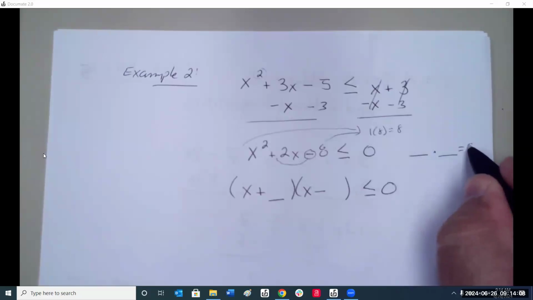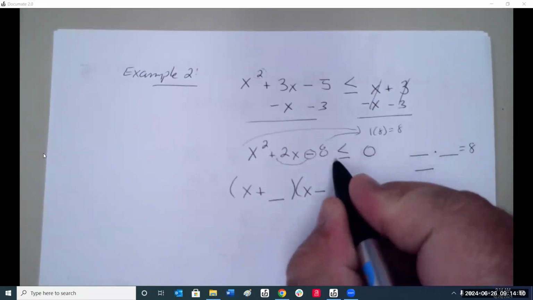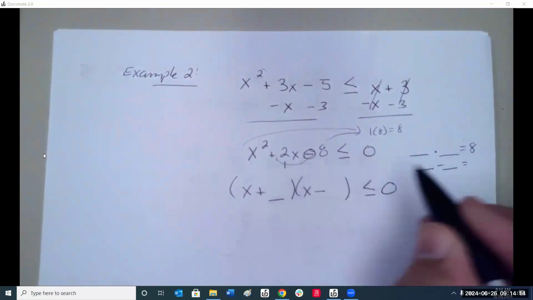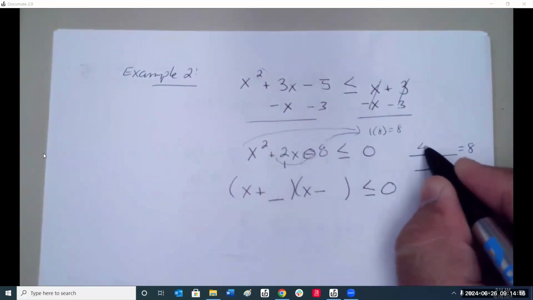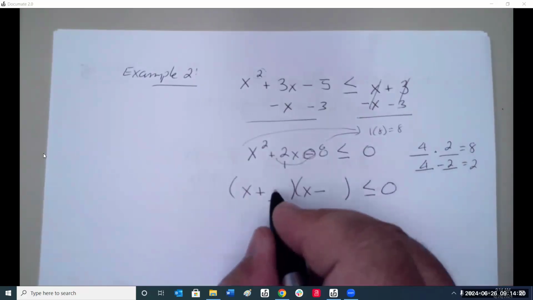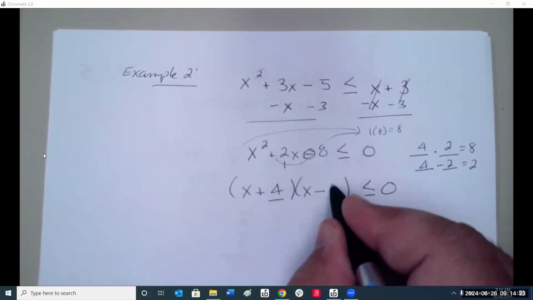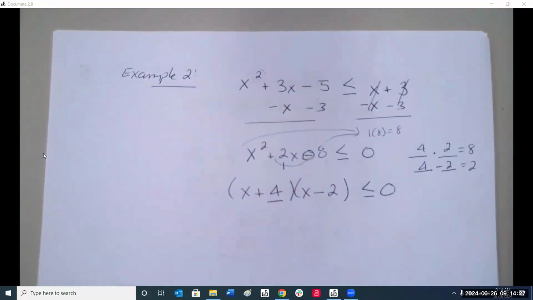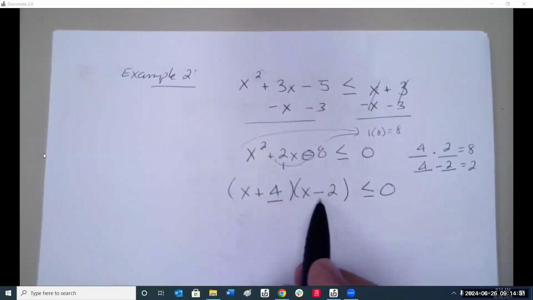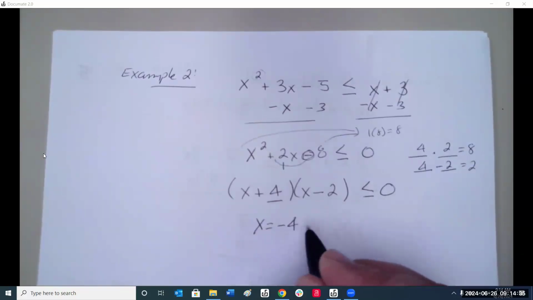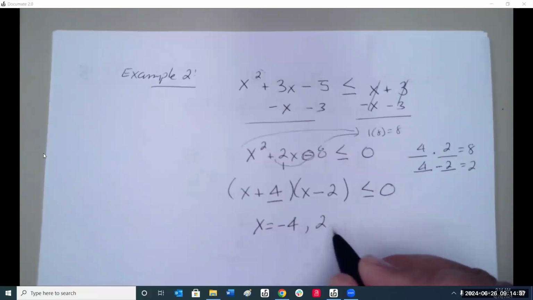What times what equals 8? When we subtract them, we get 2. Yeah, 4 times 2, 4 minus 2. Solve both of those, we get x equals -4 and 2.